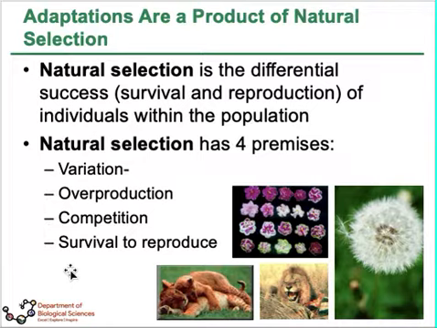They fight for their own food. Okay. So that's competition. And of course, the last one, you have survival to reproduce. So only organisms or individuals that are better suited to the environment will survive and reproduce. Okay, it's not only survive but also to perpetuate their own species or their kind. So there should be reproduction.